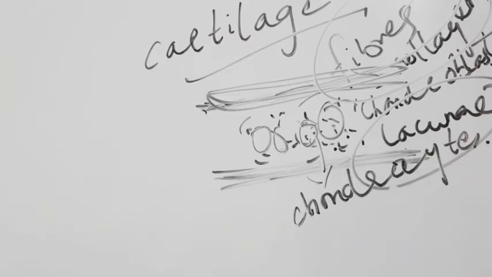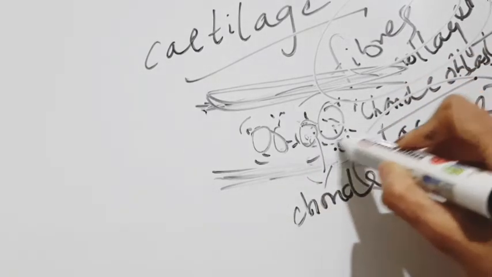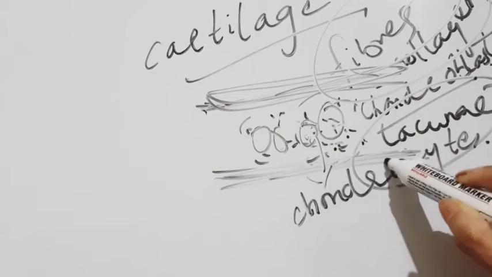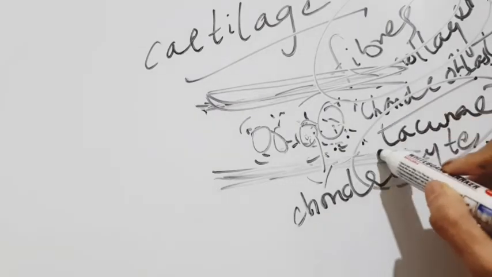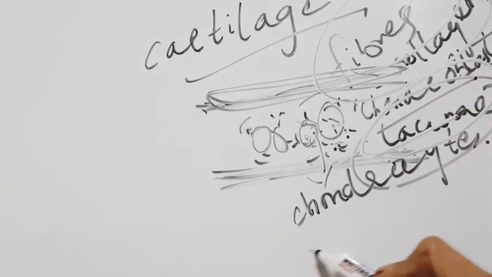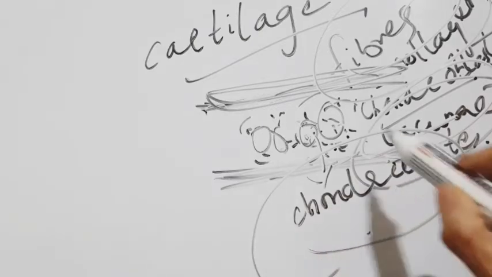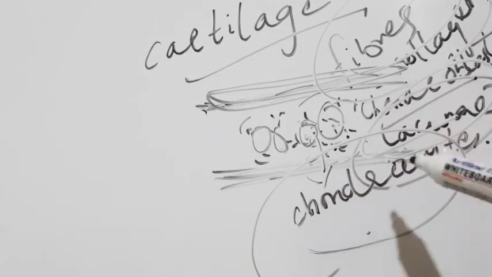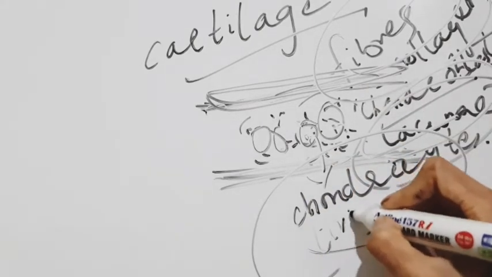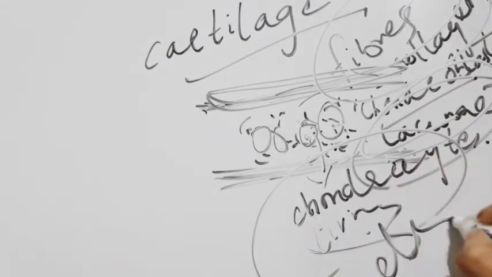Cartilage is mainly collagen fiber connecting tissue. In this collagen fiber mainly chondroblasts will be there, and then inside there will be bag type structures, that is lacunae, and then it will be filled with chondrocytes, some living cells. This is called living cells, that is chondrocytes.